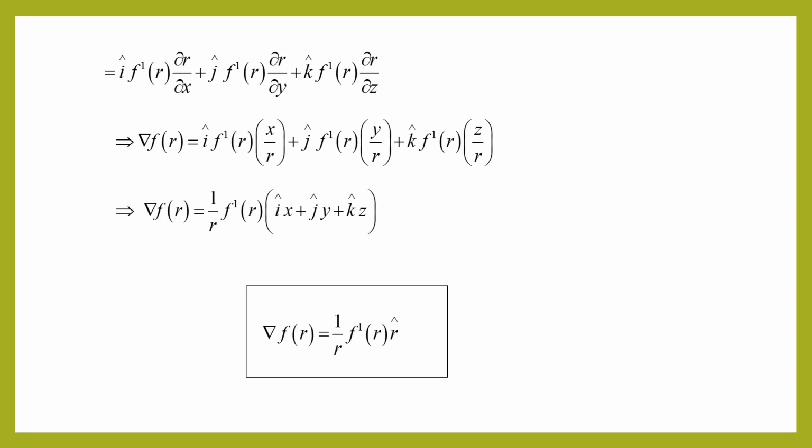Del f of r equals i cap f dash of r dou r by dou x plus j cap f dash of r dou r by dou y plus k cap f dash of r dou r by dou z. We get this value by differentiating f of r with respect to x, y, and z partially, respectively.